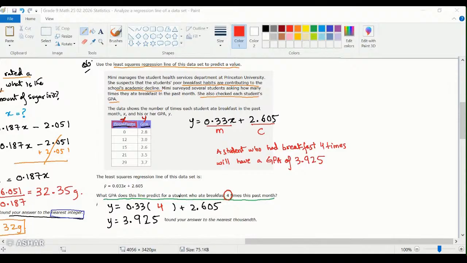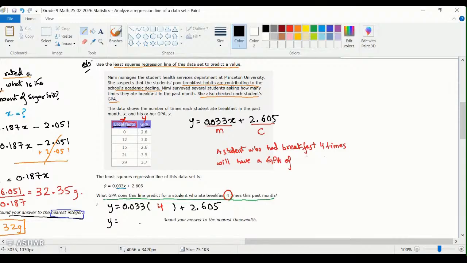Okay, my mistake. Okay, I'll show you the mistake. This is my writing error, right? Sorry, apologies for this. There were 3 decimal places over here. This is 0.033, right? 0.033 into 4 plus 2.605.